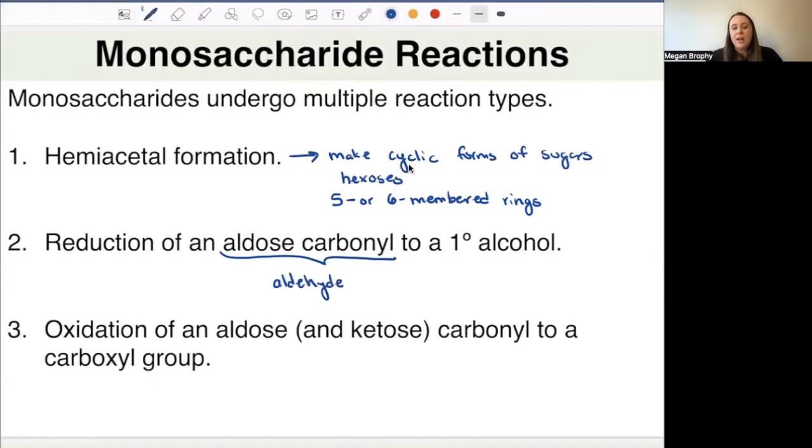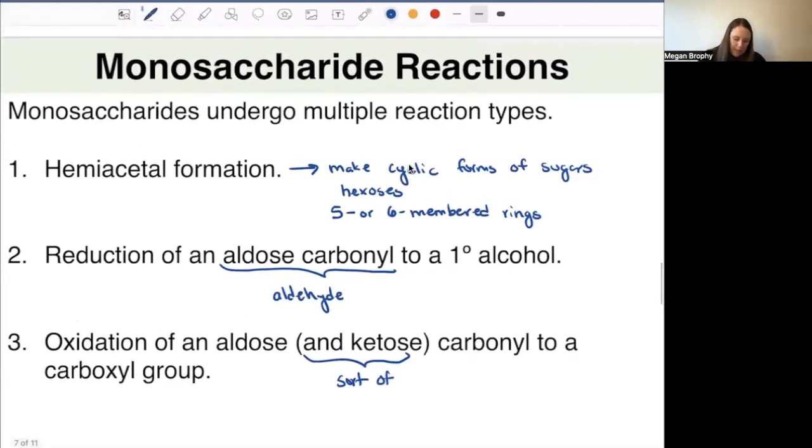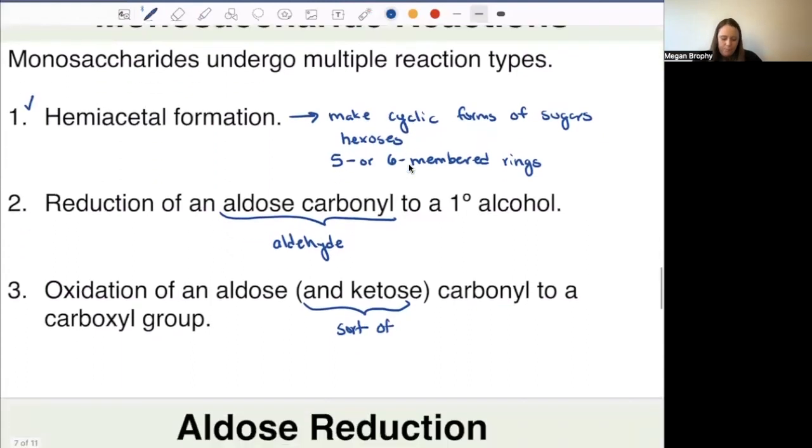So aldehydes or aldoses can be reduced to primary alcohols. And then we'll also see the oxidation of an aldose and a ketose from a carbonyl to a carboxyl group. Okay. So we already looked at hemiacetal formation. So then we'll look at reduction and oxidation.